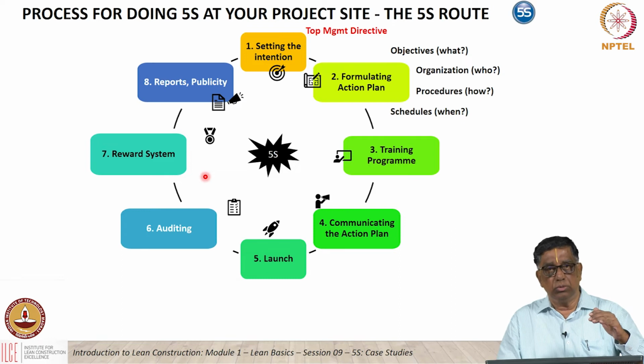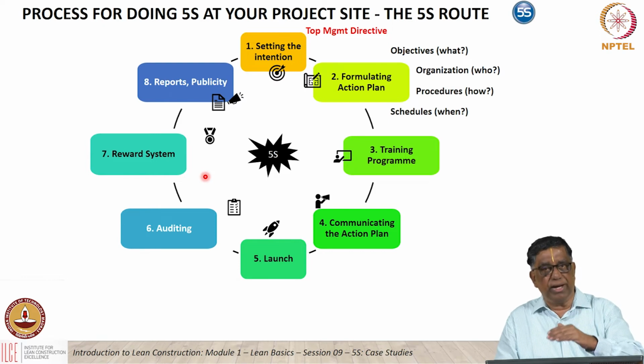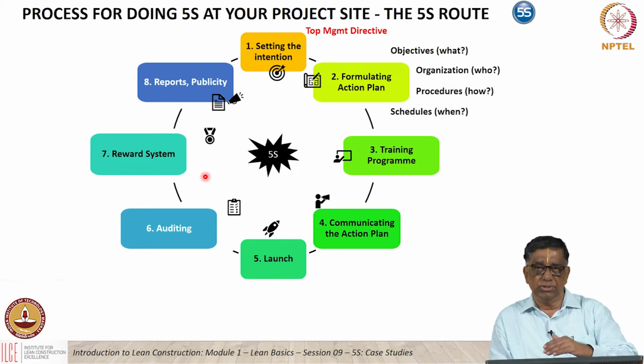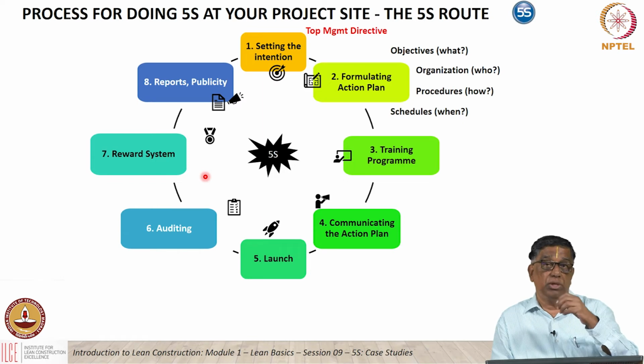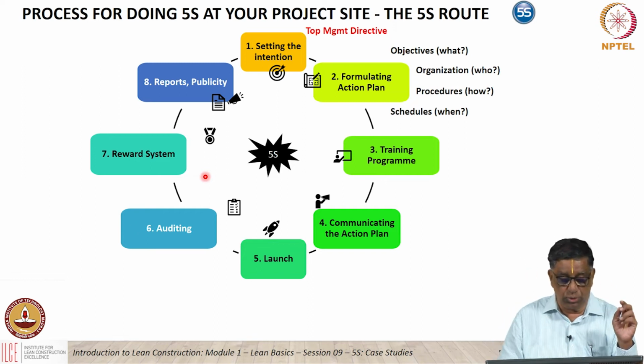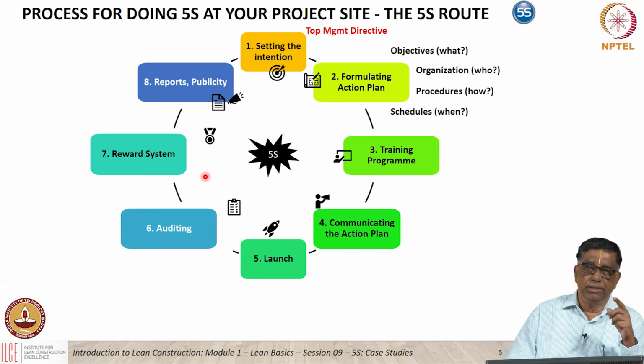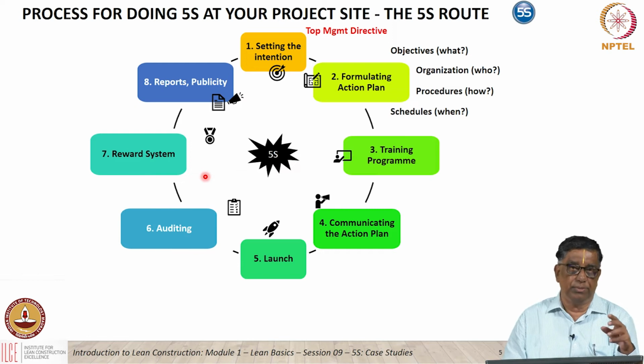So we write down what are the parameters on which the auditing has to be done, what are the scores to be assigned to each factor in this list of parameters, and then we also give weightages for each of these 5 S's, and then get the aggregate score, and that's your audit score. Auditing may be done initially at closer intervals, like for example, every week.